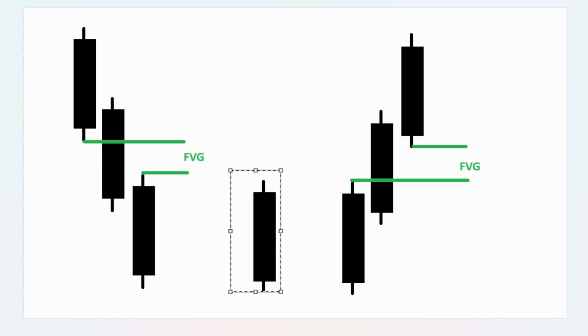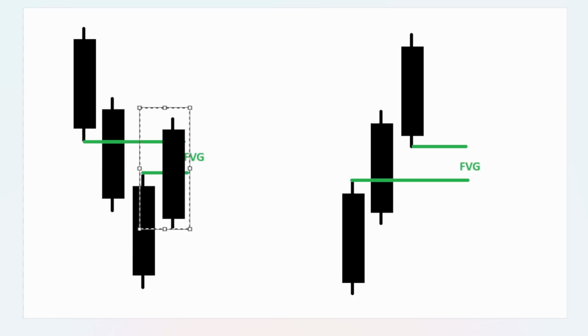so now you've got your fair value gap that formed, and then suddenly you get the fourth candle or any other candle, and it bounces right back and closes above that fair value gap's high. And the same applies for a reversal to the downside. You'll see some sort of reaction for a candle to close below the fair value gap's low.